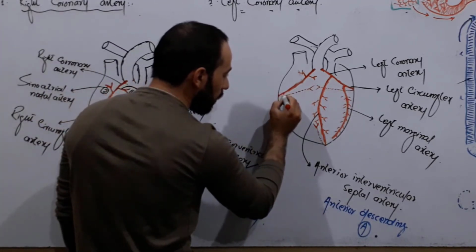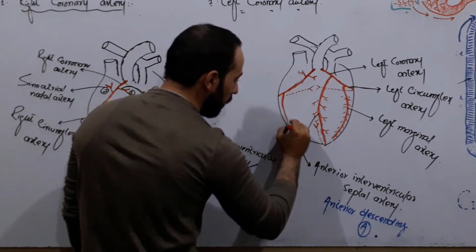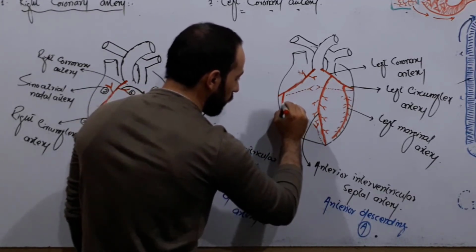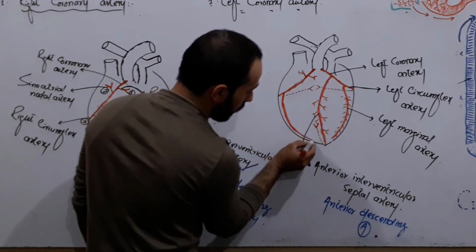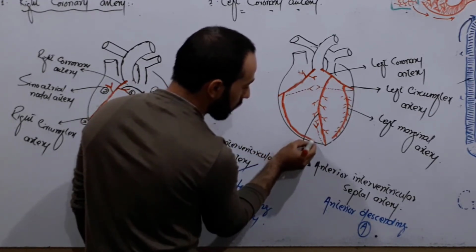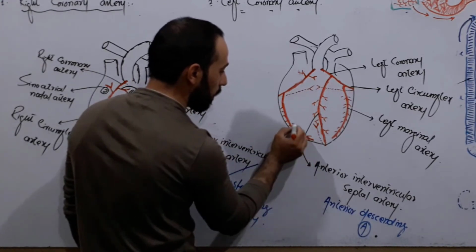Then from here a branch arises and this branch moves on the right margin of the heart, and this artery is called the right marginal artery. Okay, this is the right marginal artery.